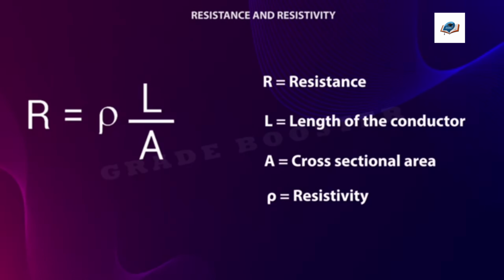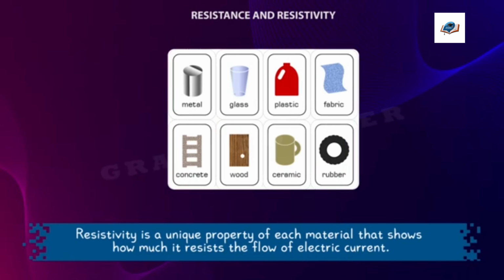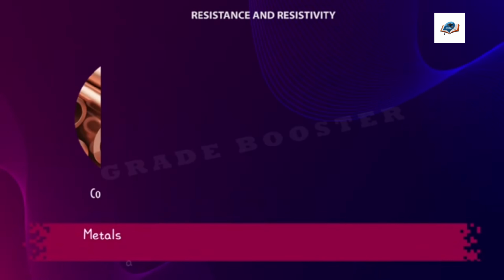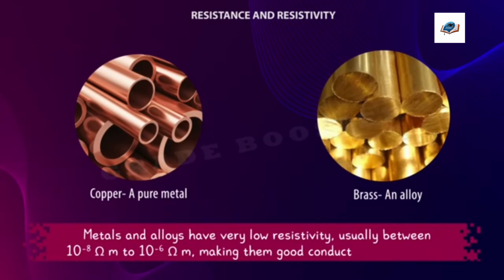The SI unit of resistivity is ohm meter. Resistivity is a unique property of each material that shows how much it resists the flow of electric current. Metals and alloys have very low resistivity, usually between 10 to the power minus 8 ohm meter to 10 to the power minus 6 ohm meter, making them good conductors of electricity.